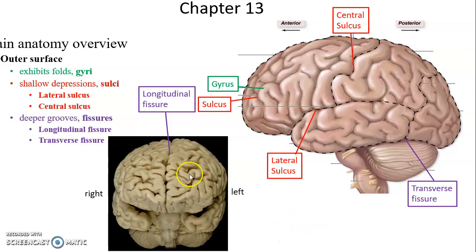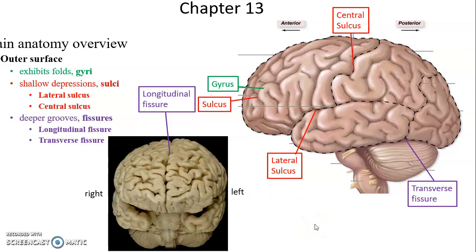The portions of the folds that stick up, those are called the gyri. So one gyrus, many gyri. And then the crevices in between those folds pushing up are referred to as the sulci. So one sulcus, many sulci. So you could think of it as the gyri are the mountains and the sulci are the valleys.